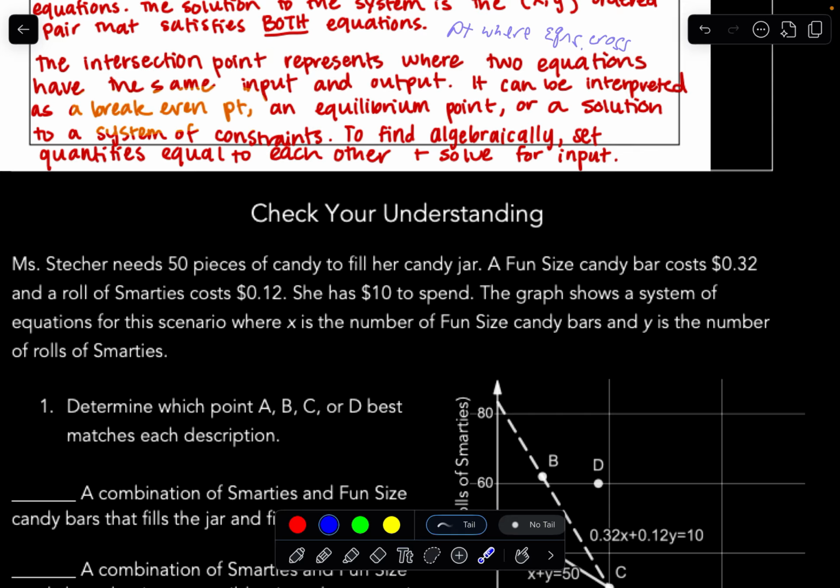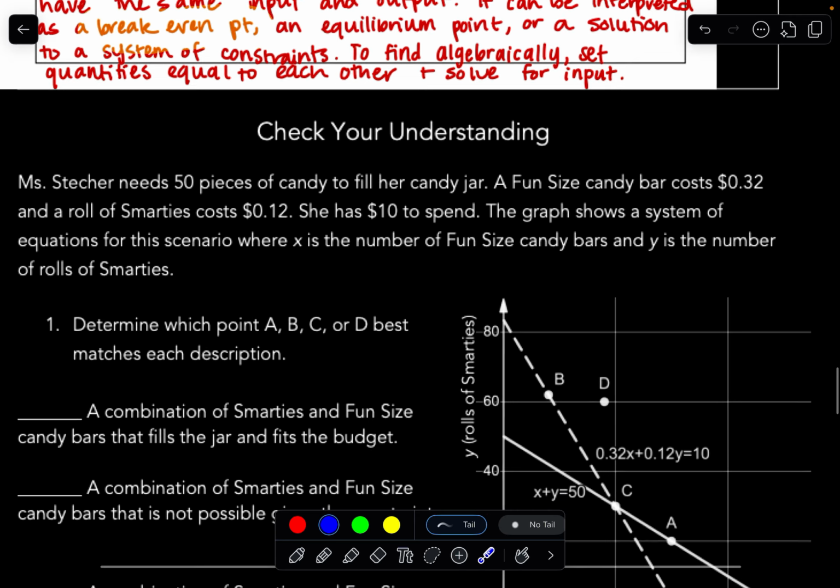It can be interpreted as a break-even point, an equilibrium point, which is a fancy way of saying break even, more or less, or a solution to the system of constraints. To find it algebraically, set quantities equal to each other and solve for the input.